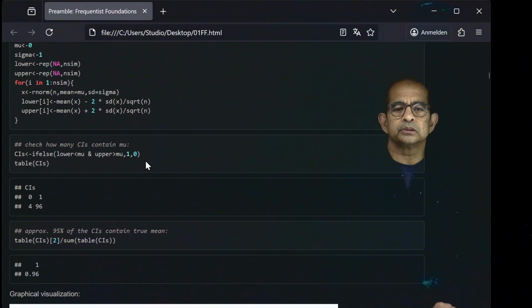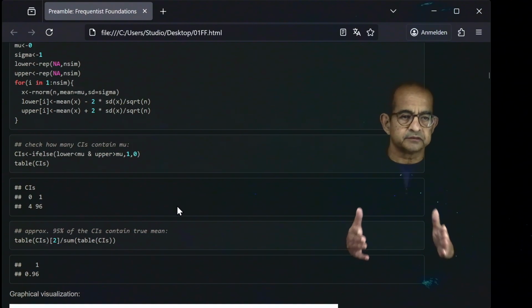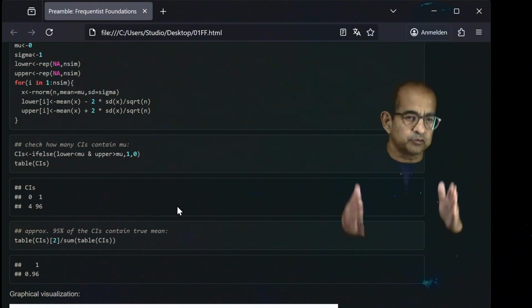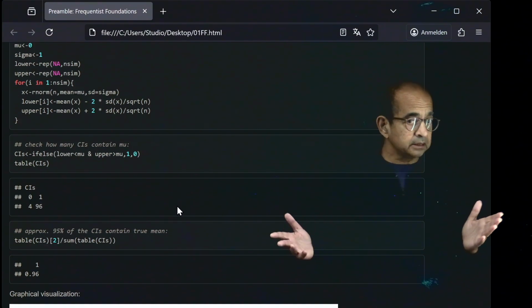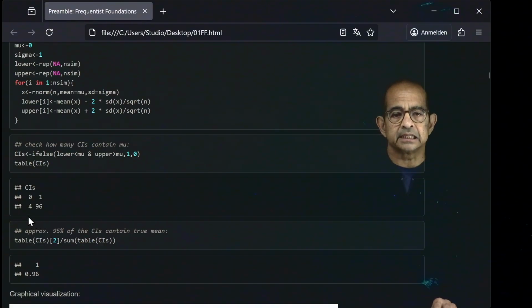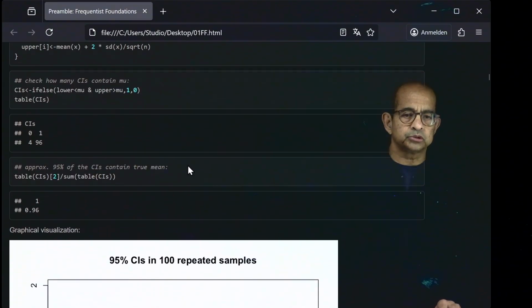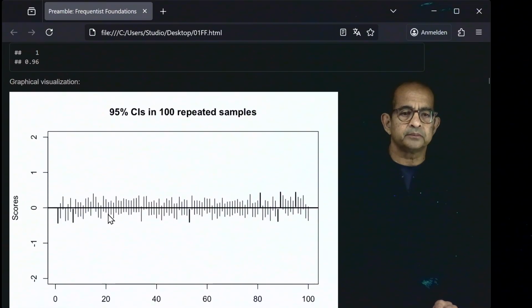And so this code actually produces 100 confidence intervals, 95% of which contain the true mean, and that's represented by this calculation here. So that's all this piece of code illustrates. And I actually used this code to generate this figure as well, because all these 100 confidence intervals that you see were generated using that for loop.